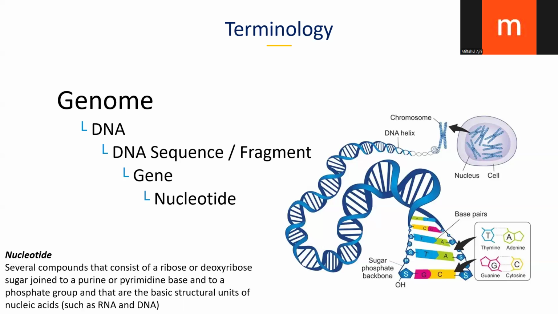The whole information is the genome. The genome contains DNA, and a part of DNA we can call a DNA sequence or DNA fragment. And on the DNA fragment, we can see the gene containing nucleotides.